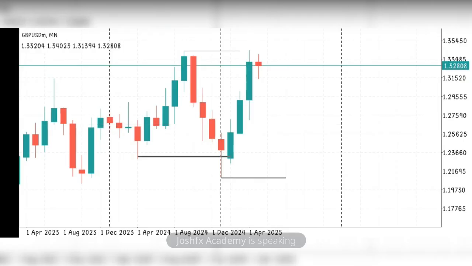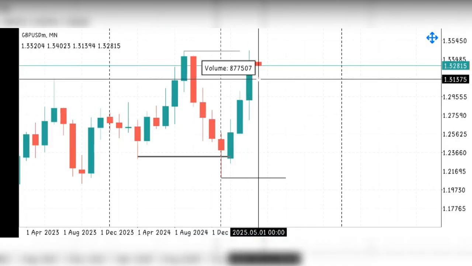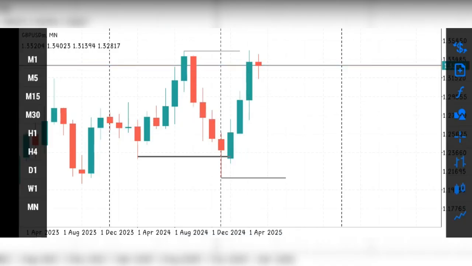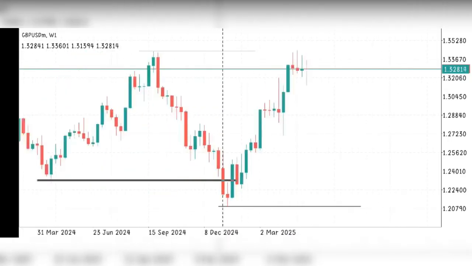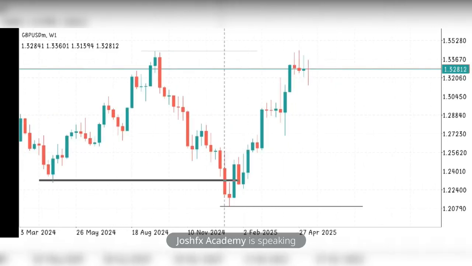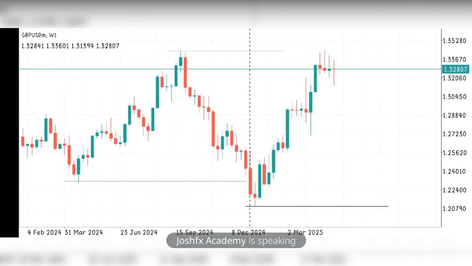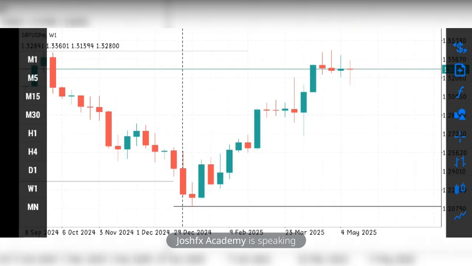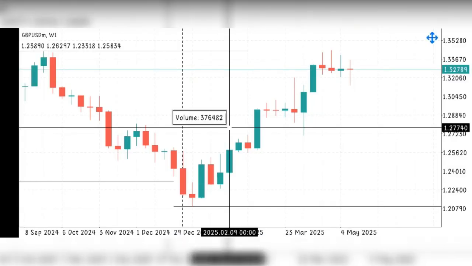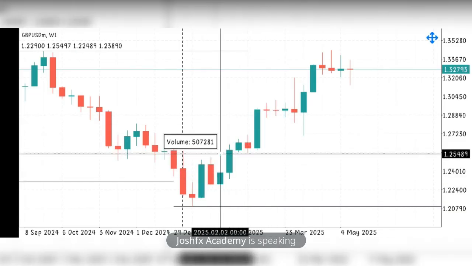So now let's check how that bullish movement started. Let's go to weekly. We start like this. We had the markets preparing to the upside, and we had this fair value gap here.